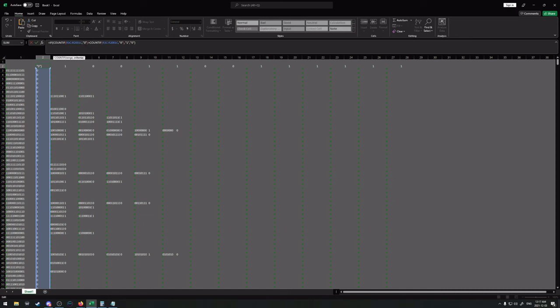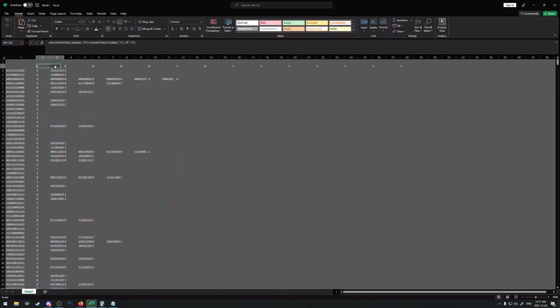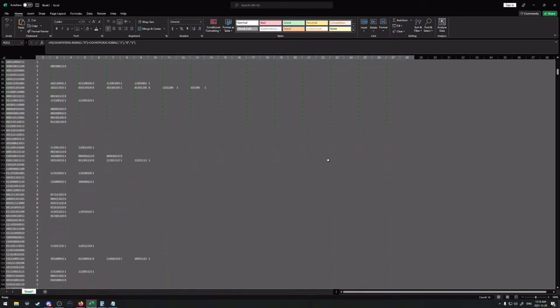Oh, it should be if 0 is greater than that, then it's 0, otherwise it's a 1. So it takes the advantageous one. Now you should have a number go all the way to the very end.